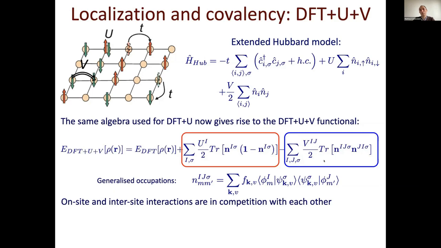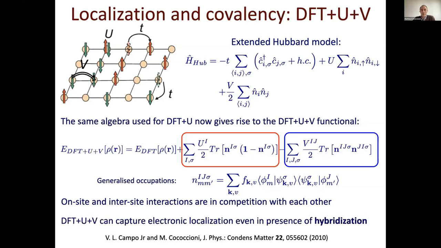So there's competition between them, and the ground state that you end up finding at the end of the calculation critically depends on the relative value of U and V that you need to be able to compute now more critically than before, because you had one parameter, now you have two in your calculation, and what you get now depends critically on the balance between these two numbers.